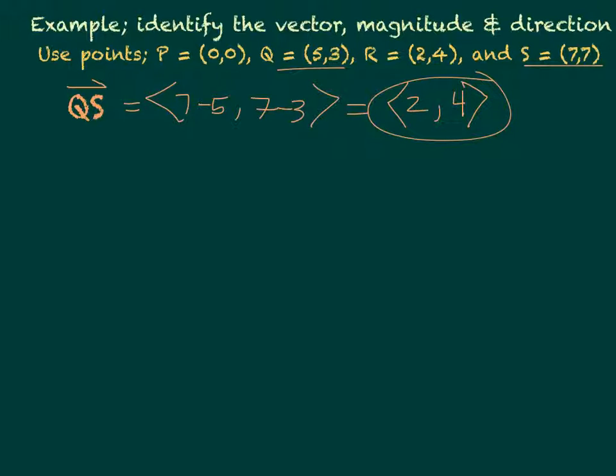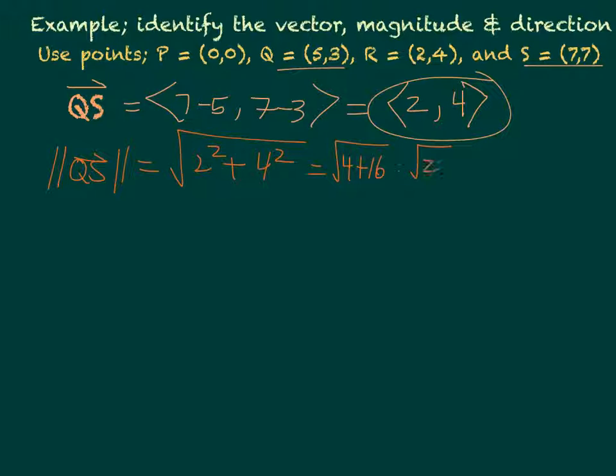Okay, so now I want to find the magnitude of QS. So that would be the square root of 2 squared plus 4 squared, which is the square root of 4 plus 16, which is the square root of 20. But that can be simplified to 2 square roots of 5. So that is your magnitude.